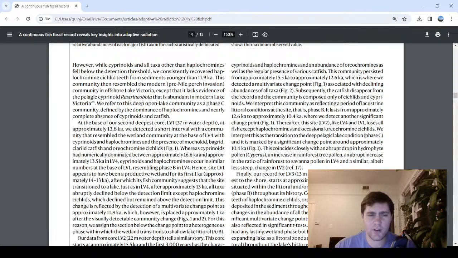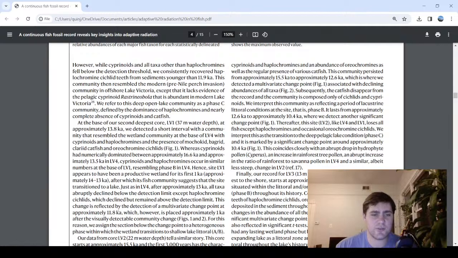Hence, site LV1 appears to have been a productive wetland for its first 1 Ka, after which its fish community suggests that the site transitioned to a lake. Just as in LV4, after approximately 13 Ka, all taxa abruptly declined below detection limit except the haplochromine cichlids, which declined but remained above the detection limit.